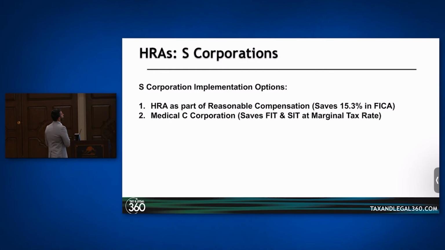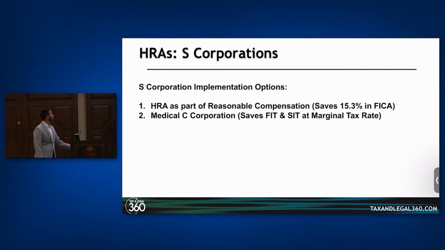There are two ways I could teach you this, and both are valid. The first way is how to include the HRA as part of your reasonable compensation. If you execute it this way, you're going to save FICA taxes, so 15.3%. The second way is slightly more aggressive. I'm going to introduce you to something called a medical C corporation.